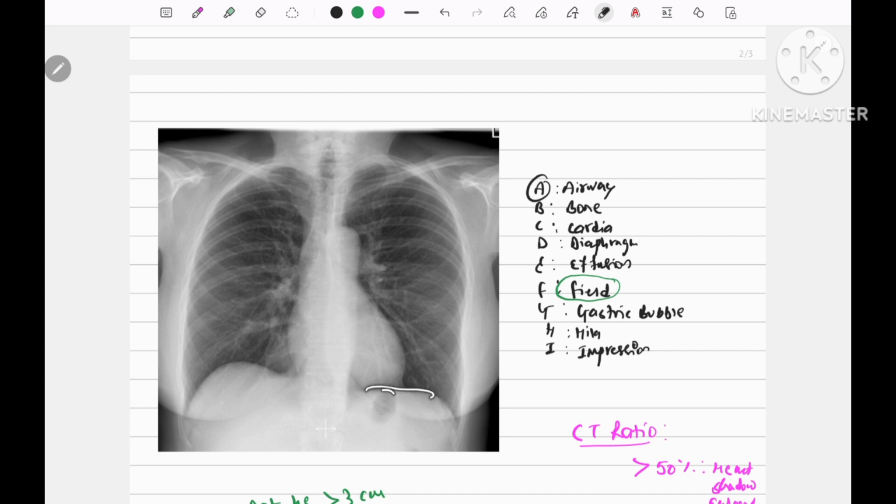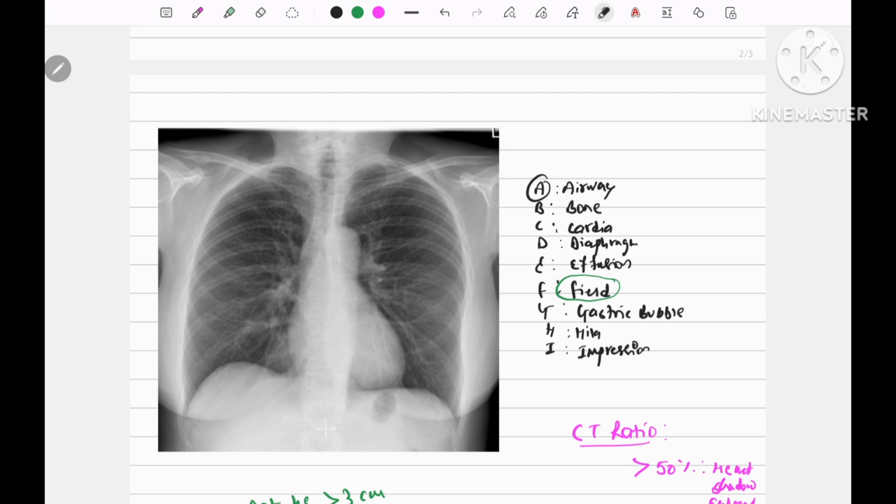This is normal, but if there is any bubble or hyperlucency beneath the right side of the diaphragm, and it is crescentic in shape, then it will be gas under the diaphragm, that is pneumoperitoneum. But if it is a single bubble on the left side below the diaphragm, it will be the gastric bubble. It is not gas under the diaphragm because it is normally present.